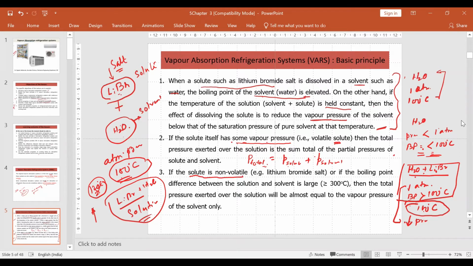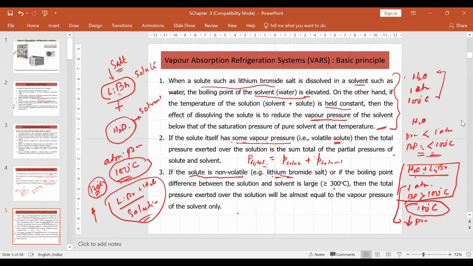But when will the solute be non-volatile? When its boiling point is much greater. Suppose for lithium bromide, the boiling point is more than 300 degrees centigrade. So water will boil, but the solute will not boil, and it will not provide any vapor pressure to the system.